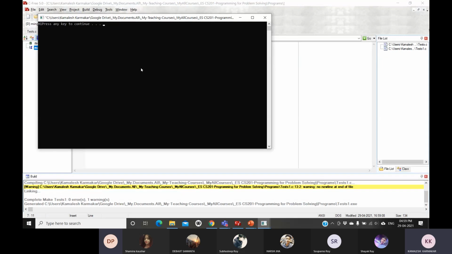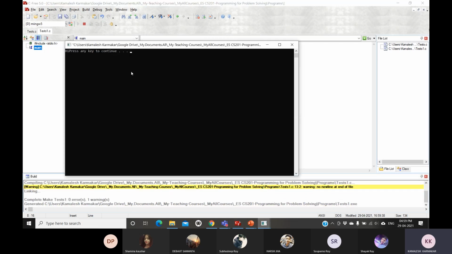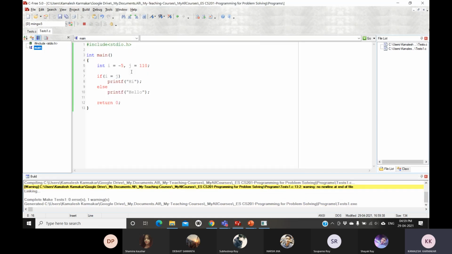Because the value of j is being assigned to i, it's not an equals operation. If we use double equals, then the two values will be compared. But here I am using only i equals j, so the value of j is being assigned and the condition is true and it prints high.